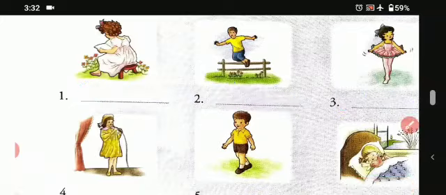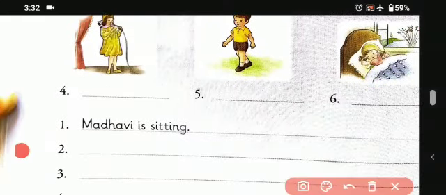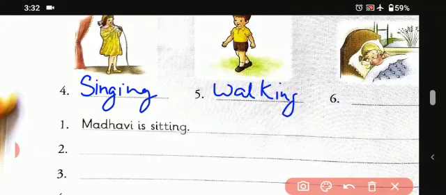Okay, so there is another one. There is a girl singing. So we will write down singing. Like this. And then there is a boy who is walking. Okay, and then there is a girl who is sleeping.